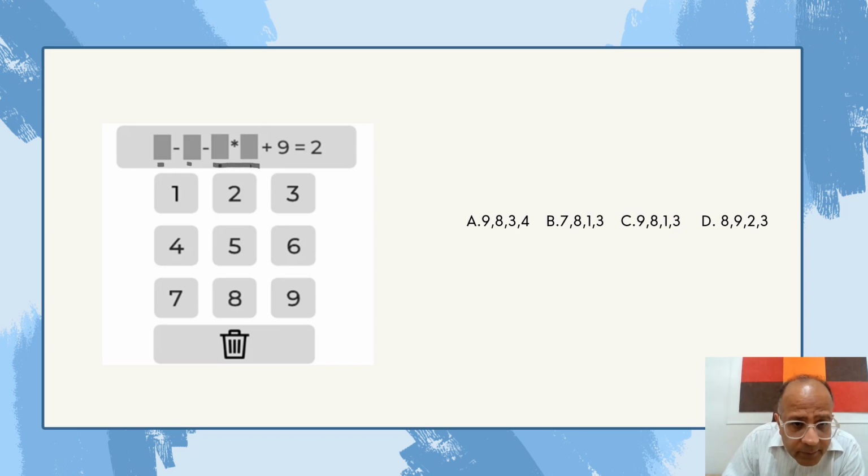These are the numbers getting multiplied, this is the minus, and something over here with an addition. Towards the end you added a 9, and still it resulted only in a 2. So negatives were dominating in magnitude, and then you added a 9 and got a 2.